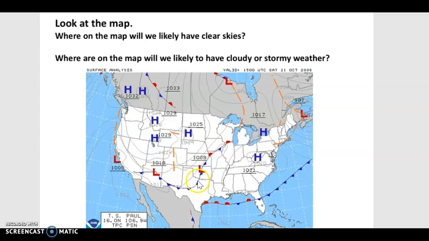Now if we come down here and we look at Texas and Oklahoma, and I asked you what type of weather they are going to have over Texas and Oklahoma in the next 24 hours, you would say some sort of weather system, because we have a low pressure zone, and notice it lines right up with this cold front line that's going across it.